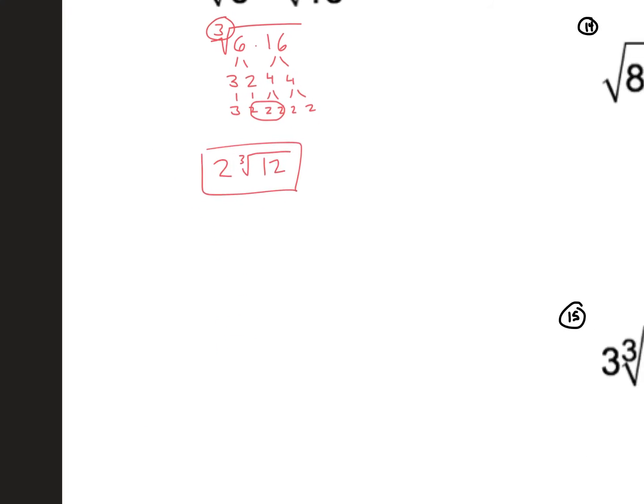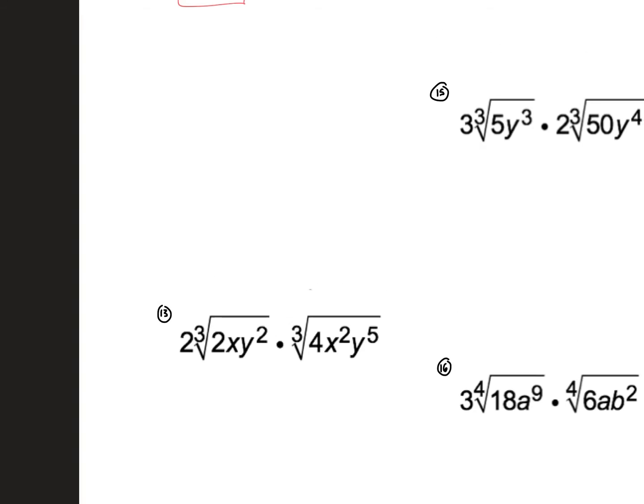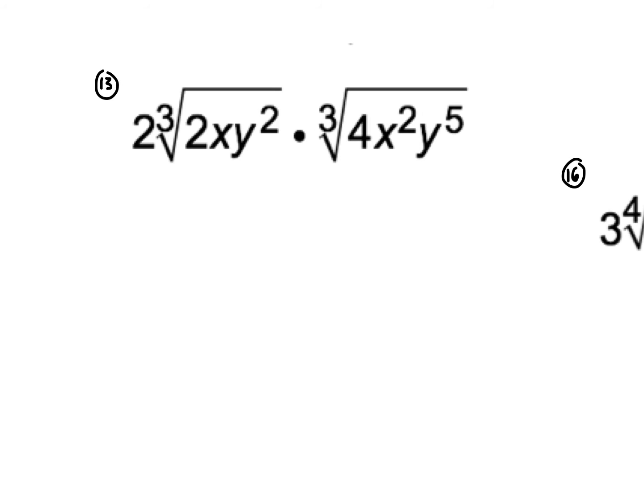All right, let's look at 13. Okay. So can we combine these together? Do we have the same index? Yeah, so we can multiply them together. So everything on the outside stays on the outside, everything on the inside gets put together.